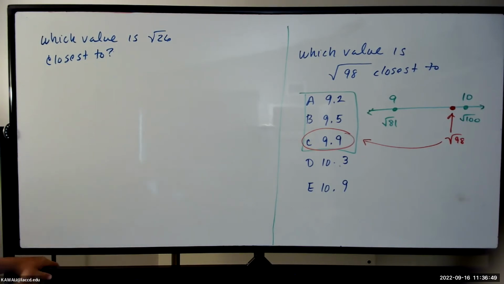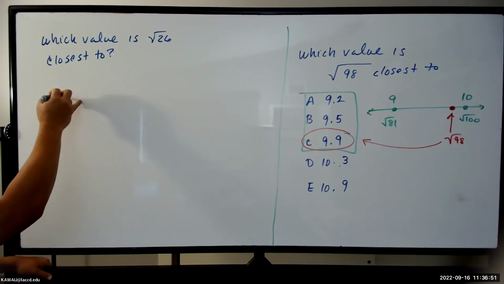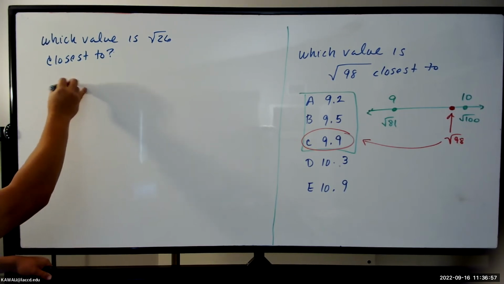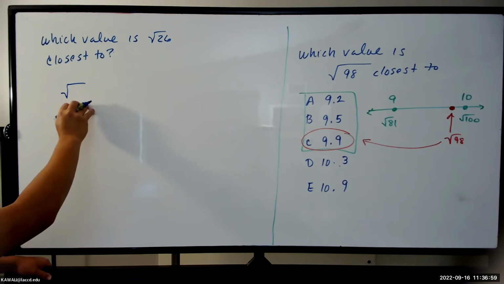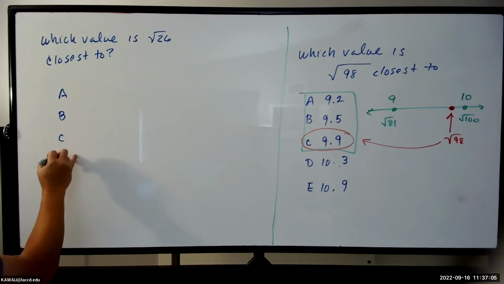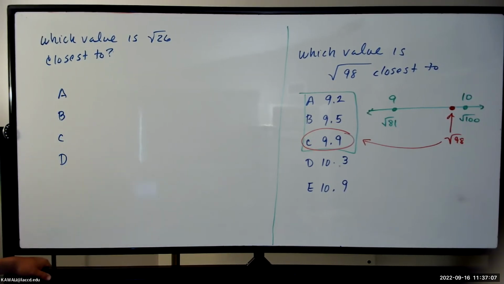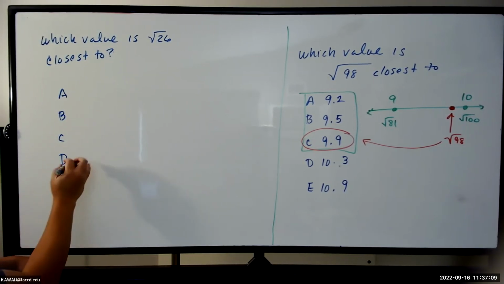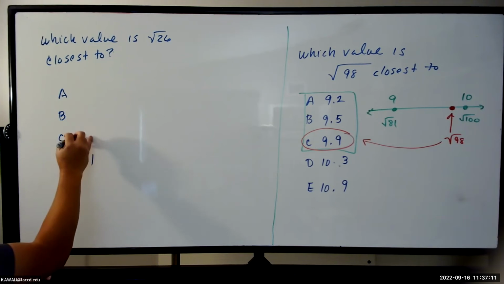So now we can look at square root of, let's see, A, B, C, D. Okay, so I'm going to have 5.1.